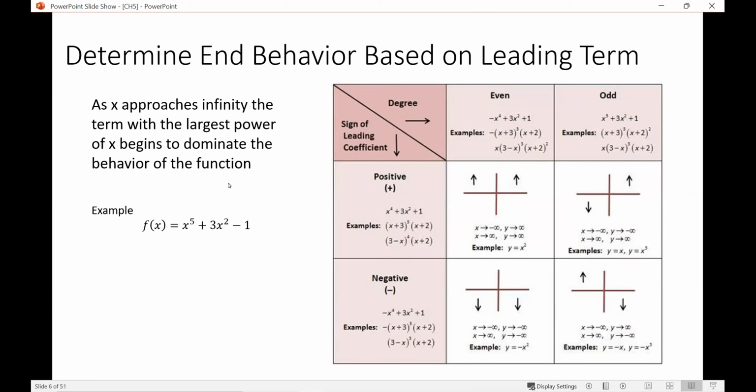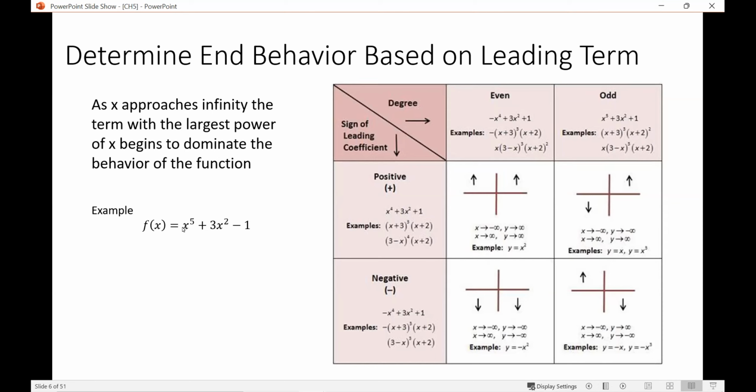Take a little example here over on the left. If we have f of x equals x to the 5 plus 3x squared, and we want to know what its end behavior is going to look like, well, since it's an odd degree polynomial, we know they're going to go in opposite directions. So as x gets really big and x gets really negative, the y's are going to go in opposite directions. And we've got a positive leading coefficient here.